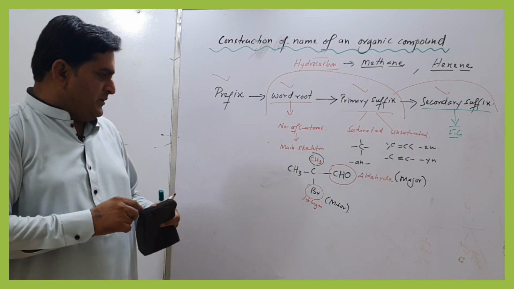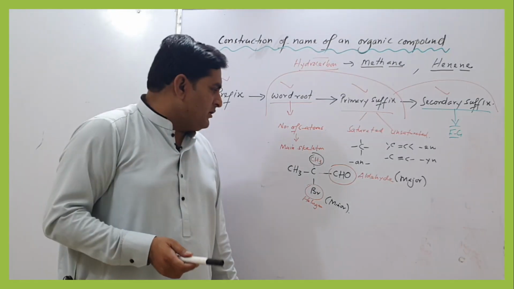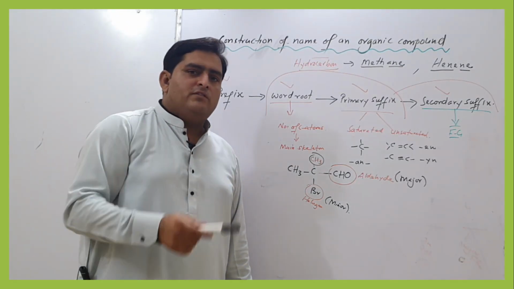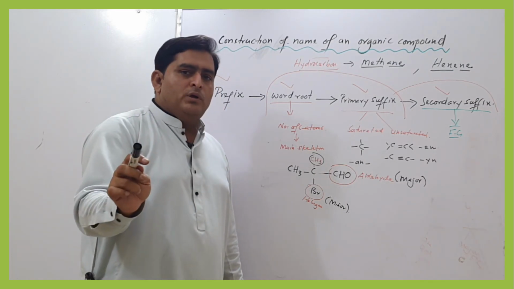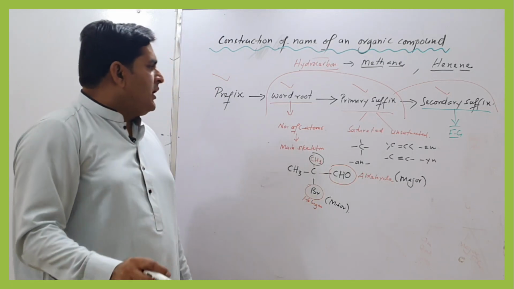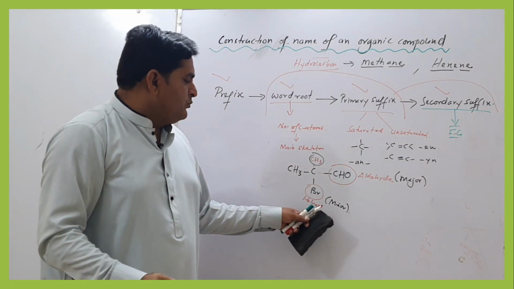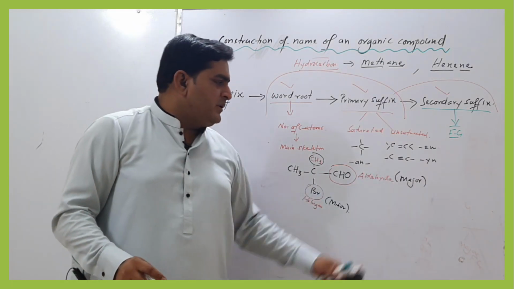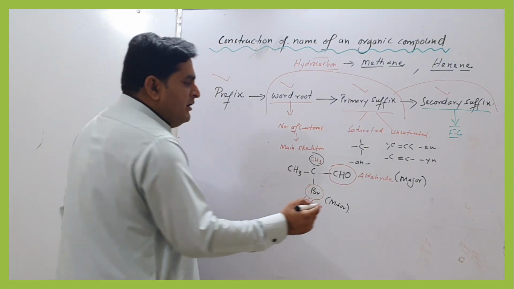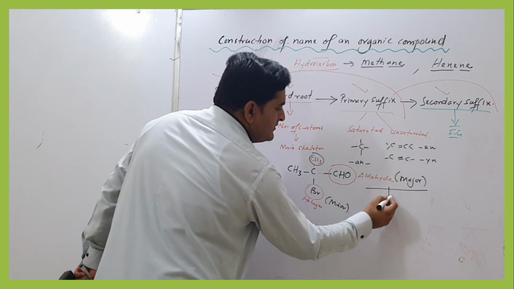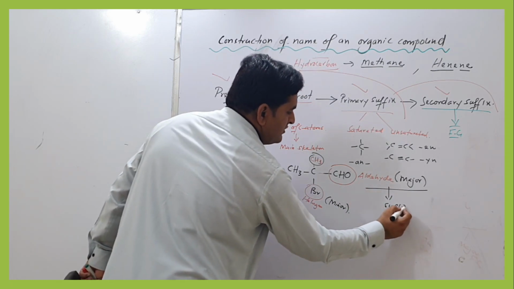So if a compound has more than one functional group, one of them will be the minor or low priority functional group, and the other will be the major or high priority functional group. For the major functional group, we use a suffix.